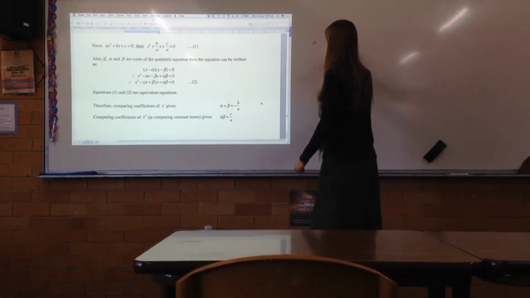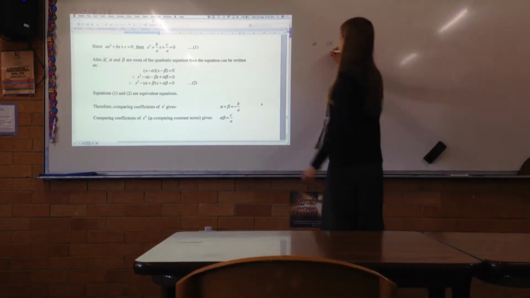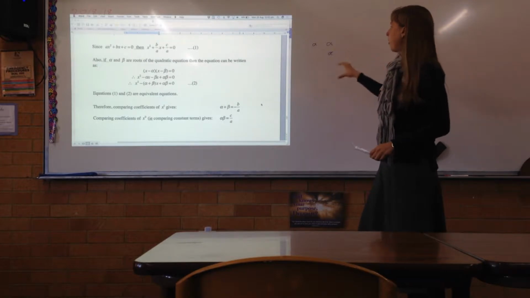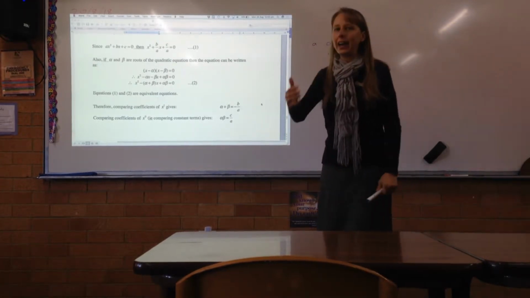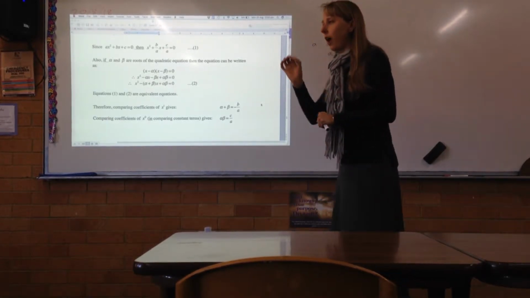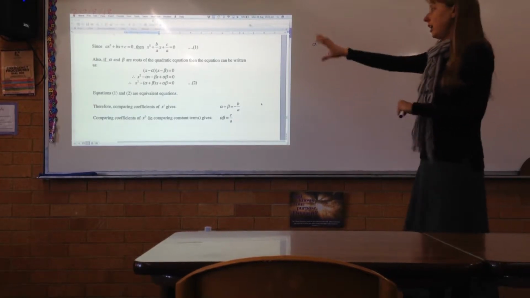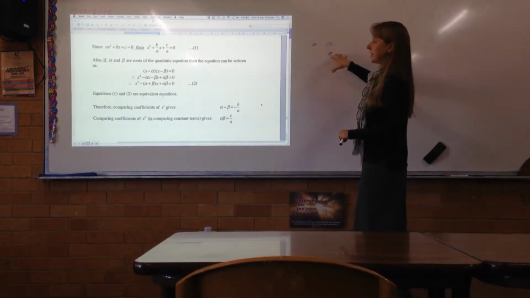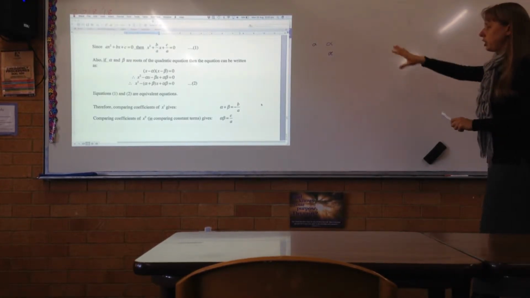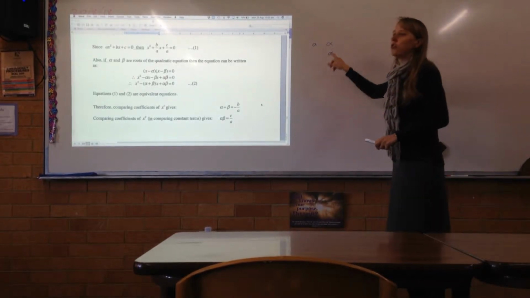For your alpha, maybe do it like a fish, or I tend to just do like that. Whatever, but you've got to make your alpha look very different to your A. And when it comes to tests, you need your alphas to be very different from your A's, because in one question, you can be working with A's and alphas at the same time. So make it like a fish or make it somehow with a very curved end.